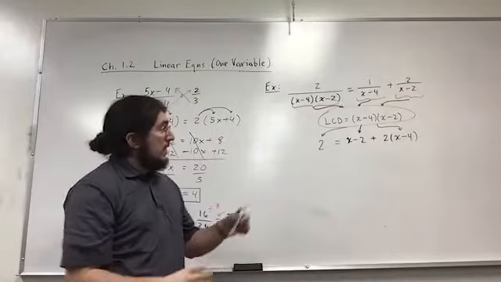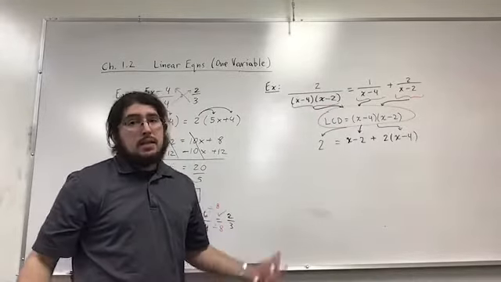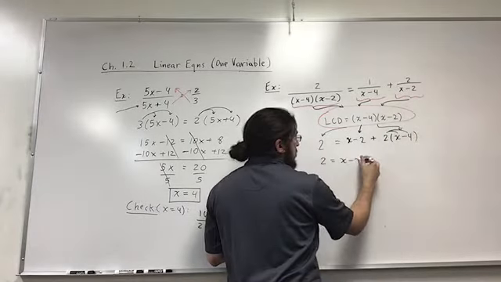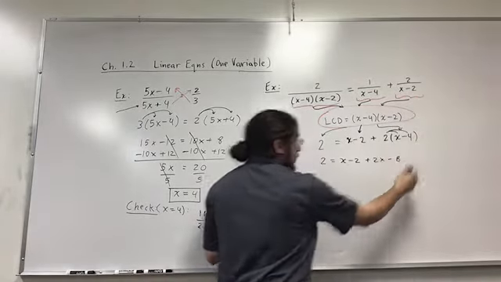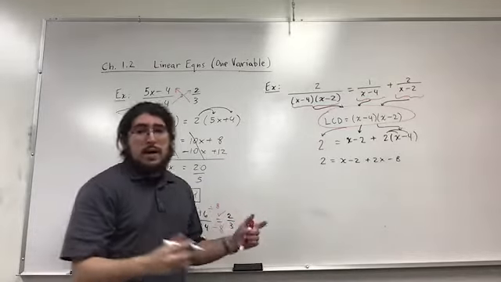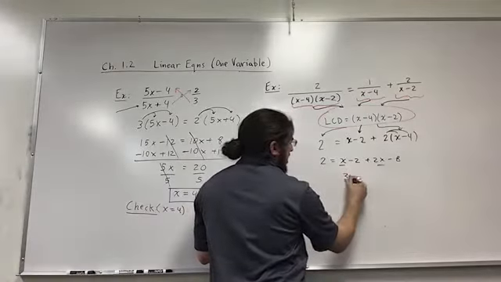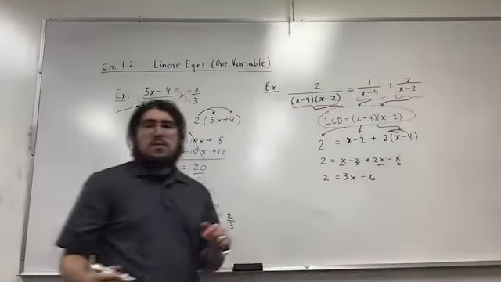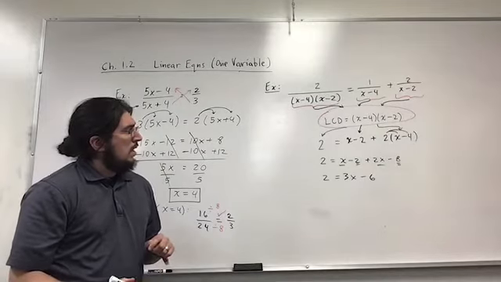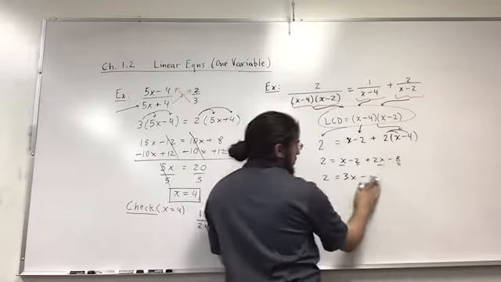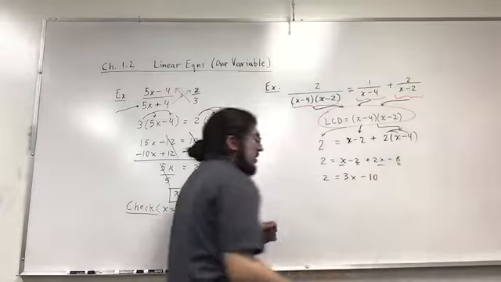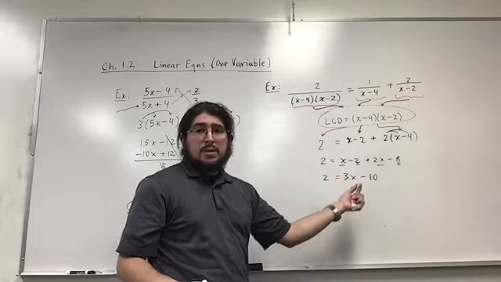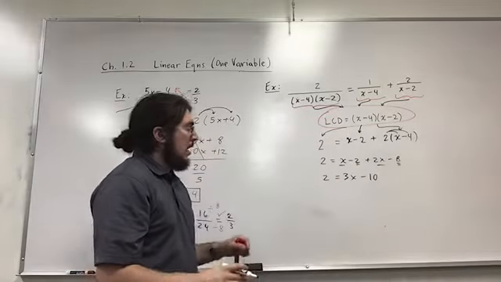Perfect. So this is what we're left with, and this is indeed a linear equation. Let's solve it. Distribute the 2. So we get 2 is equal to x minus 2 plus 2x minus 8, just like this. Combine like terms. Negative 2 minus 8, they're both negative, so they combine and the result is negative 10.